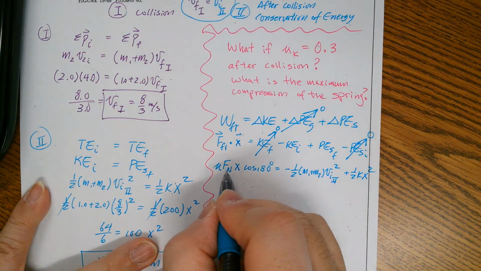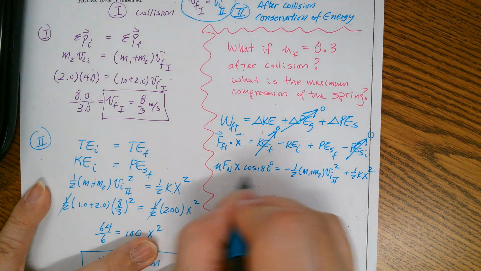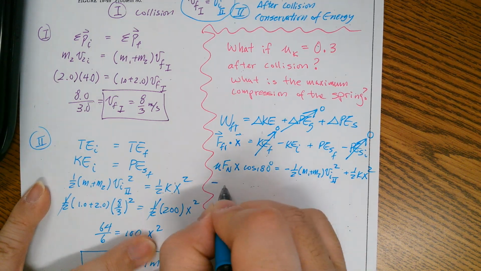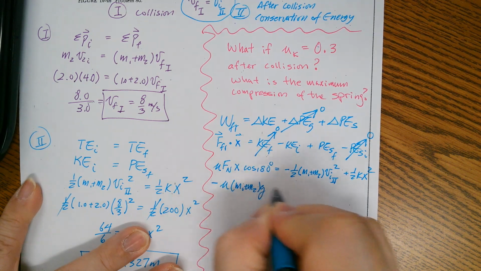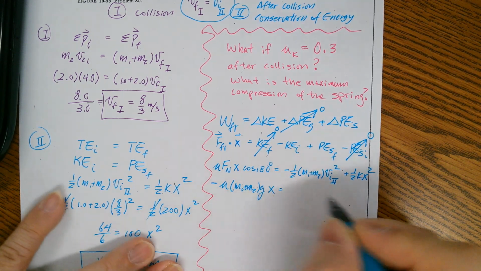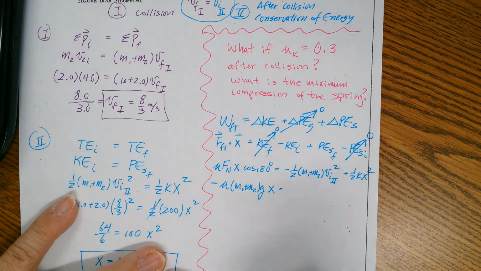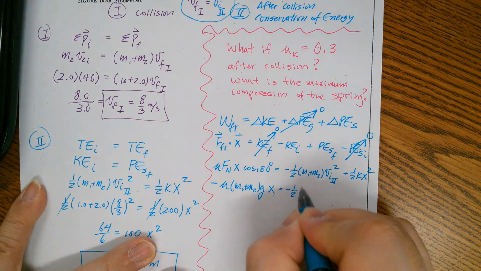Mu times F normal is mu times (m1 plus m2) times g, so negative mu times (m1 plus m2) times g times x is equal to that. You can figure out the rest.